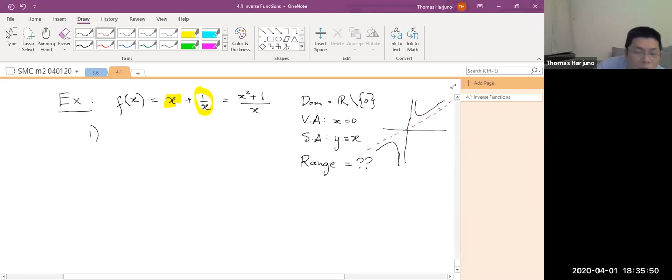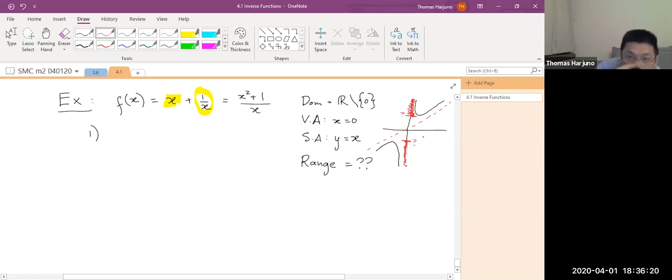Well, I can graph that later on with the graphing software that I have. I can show you that later. Okay, but the thing is, how do we find the range? Now, the range should be from negative infinity up to a certain y there, and from a certain y here goes up to positive infinity, right? But I don't know what these two boundaries are. I need to find them.